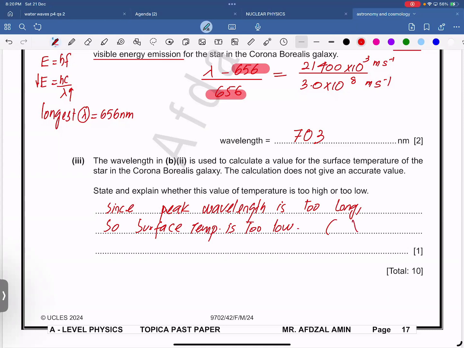You can give a reference to Wien's displacement law, but it's actually 1 mark, so I didn't give the reference. But in case they want to give the reference, like stating the relevant physics, then you will mention that according to Wien's displacement law.